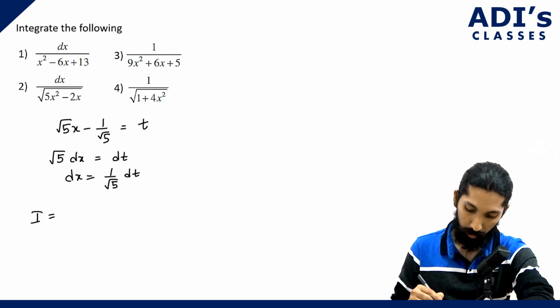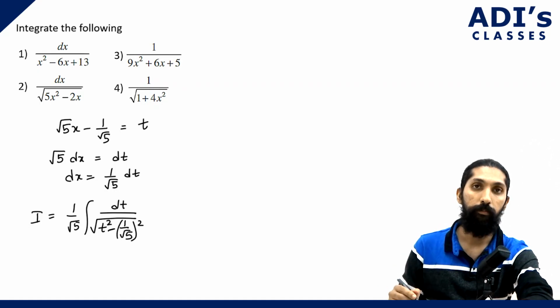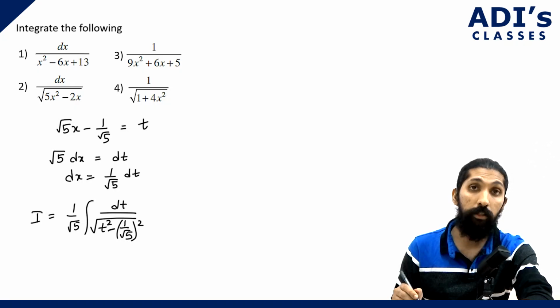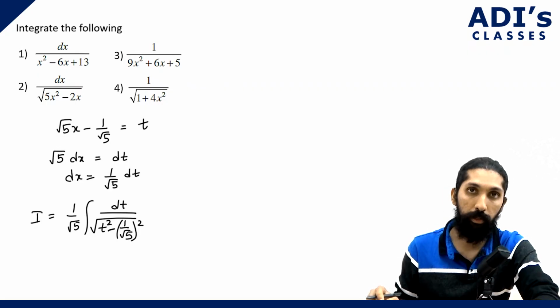I is equal to 1 by root 5 integral of dt by root of t square minus (1 by root 5) whole square. Now this is in the form of that log function, correct? So now we directly apply the log function and get this problem done, right?